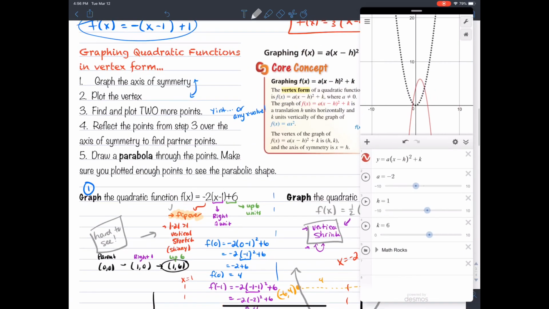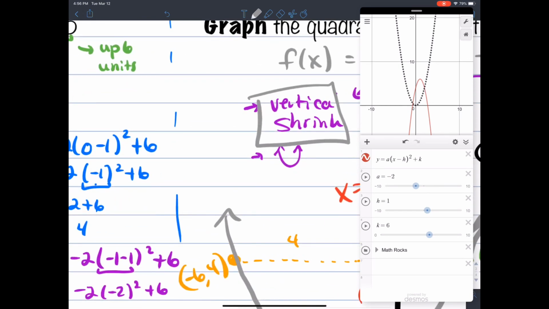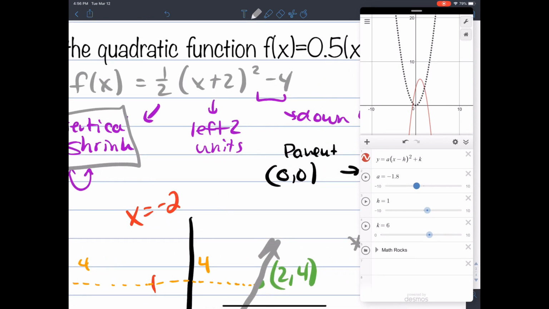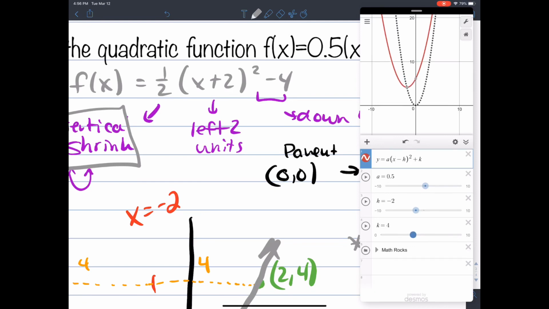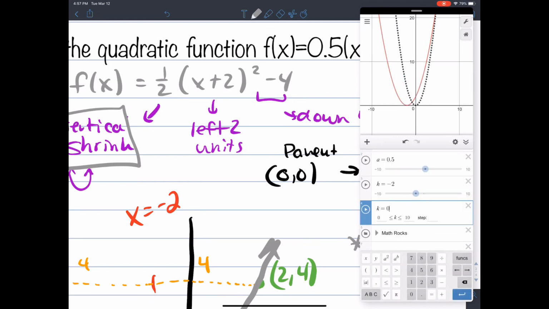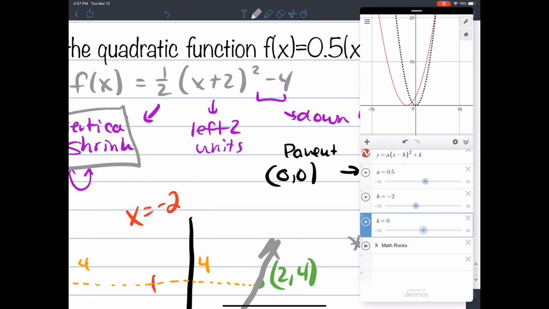So if we go back and compare it to the parent, if we set our a value to 0.5, and then we set our h value so it's a +2, again, minus a negative would be a plus, and then our k value is supposed to be -4, which I guess I have to change. So if I set that to -4, we can see that the red graph is actually wider, in other words, vertically shrunk compared to the parent graph.